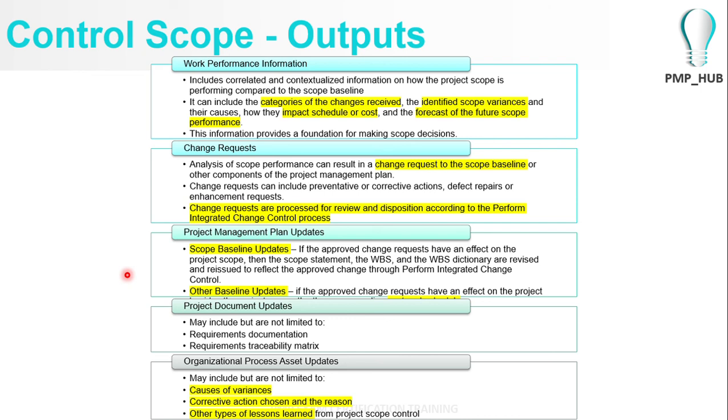At the end, you might be updating your intranet or your organization databases with the causes for variations, why scope changes and scope variances came in, and any corrective or preventive actions you have taken, and any lessons learned on why such scope creep came into the picture.